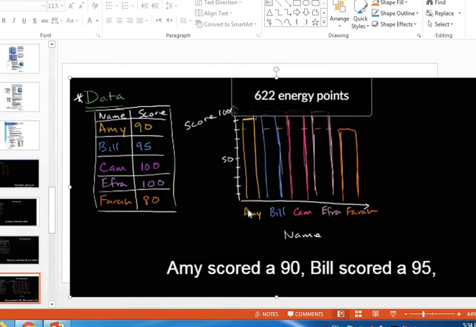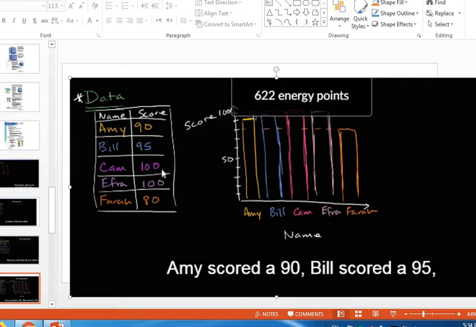Then I see here Amy got 90%. So I'll go up until I get to 90 and draw this bar, the yellow bar. Okay. And moving to Bill, Bill scored how many? 95. So I'll go up until 95, between 90 and 100.